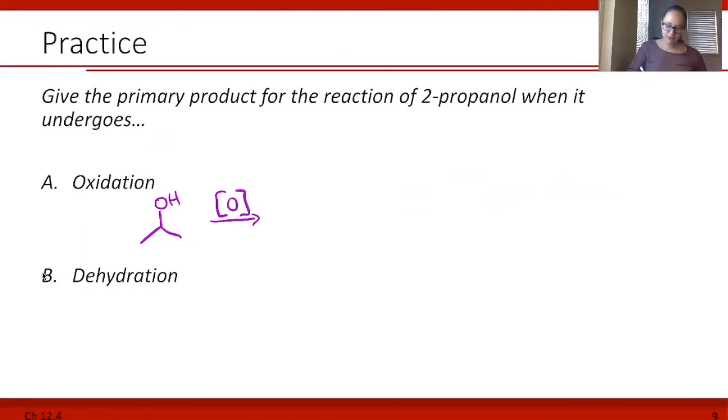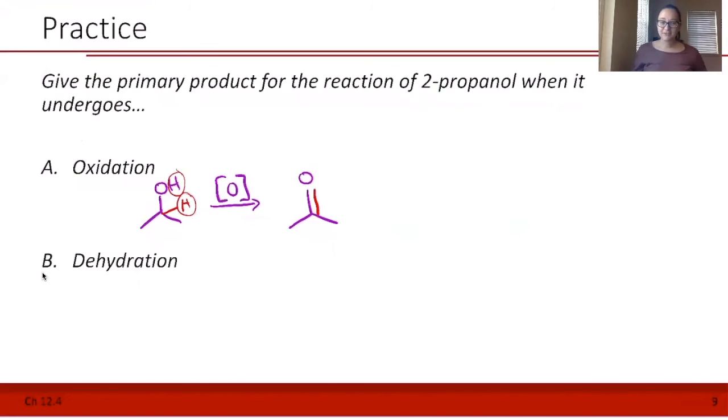And then I'm going to draw in my hydrogen that's going to be oxidized. We have these two hydrogens that we're going to lose. And our final product is going to be with a double bond where we lost those hydrogens.